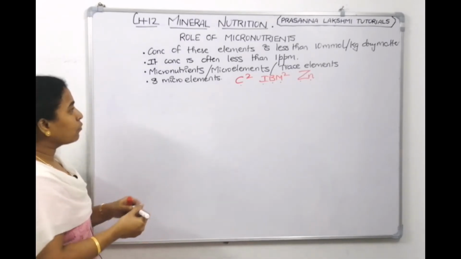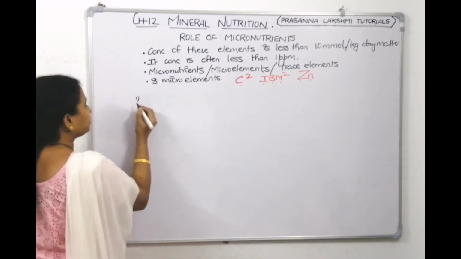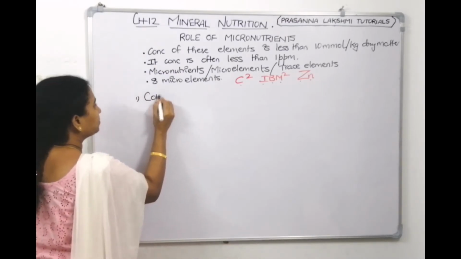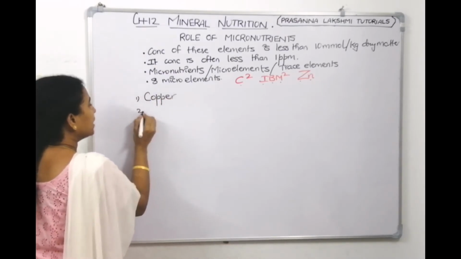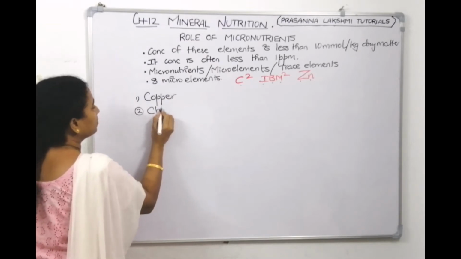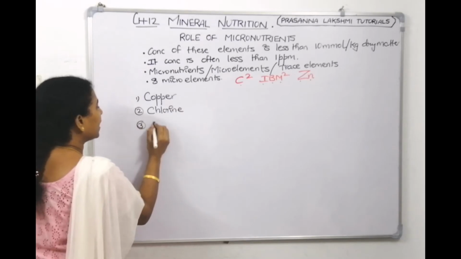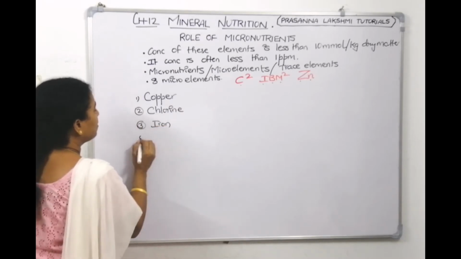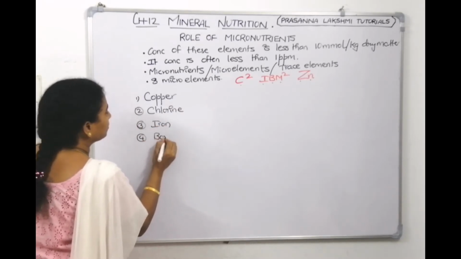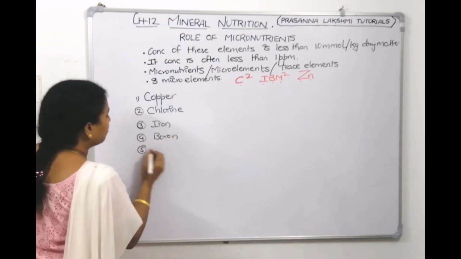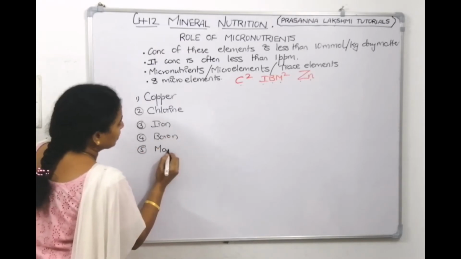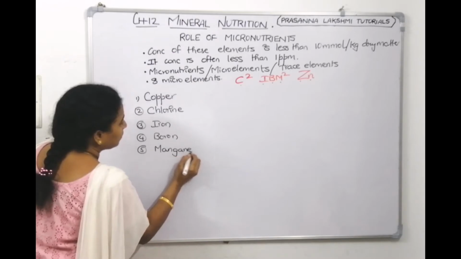So we'll start with our code. The first C stands for copper. The second C stands for chlorine, I stands for iron, B stands for boron, M stands for manganese, right?